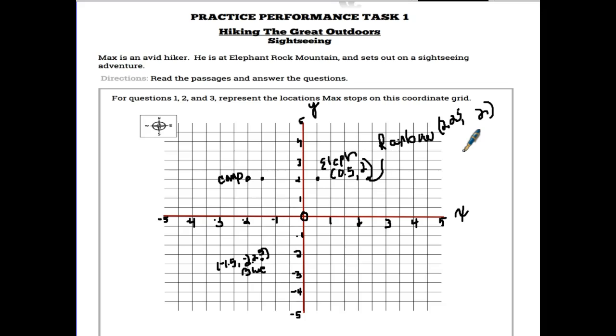So I'm going to fill that in for you here. And the old sawmill is going to be at 2.25, comma, 2.25. So I'm going to come down to here. And this is the old sawmill.